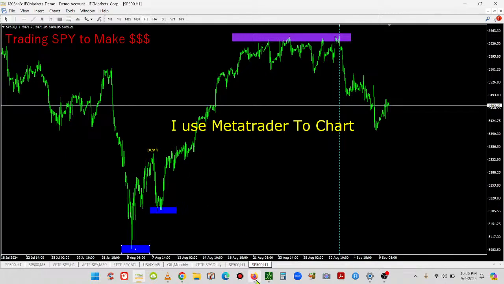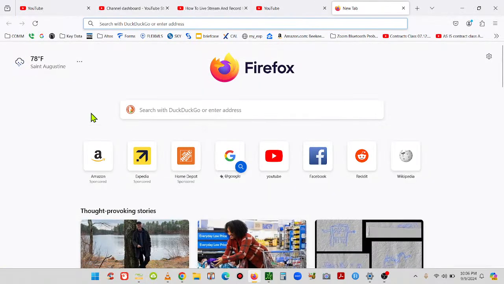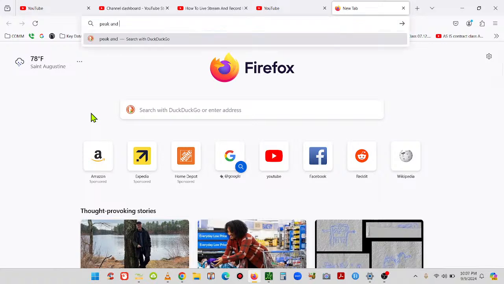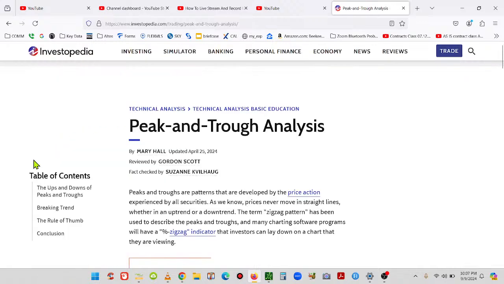Perhaps we shall just look it up. What is a peak? A peak and a trough. Okay, so Investopedia has peak and trough analysis. Shall we read it?